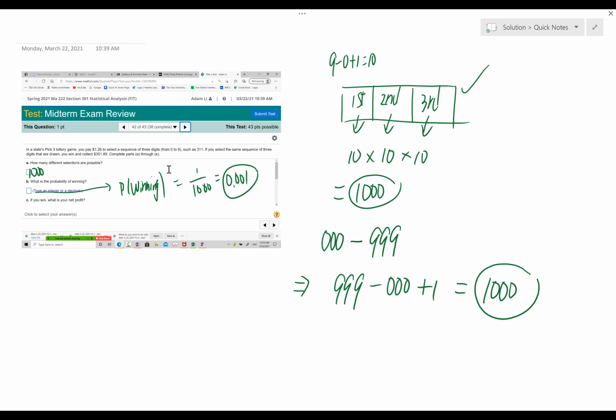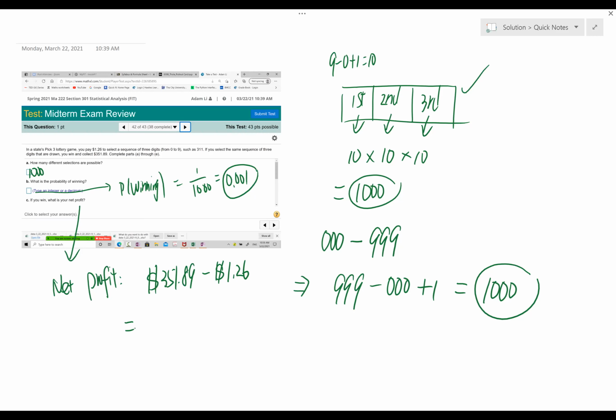Okay. And if you win, what is your net profit? Remember, if you are winning, the total payout is $351 and 89 cents, right? And remember, you pay $1.26. This is the upfront cost. It's gone. Once you pay to play the game, that money is gone. So that's why the net profit should exclude that.